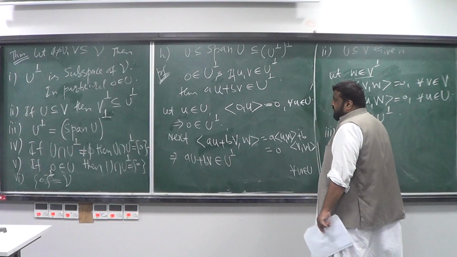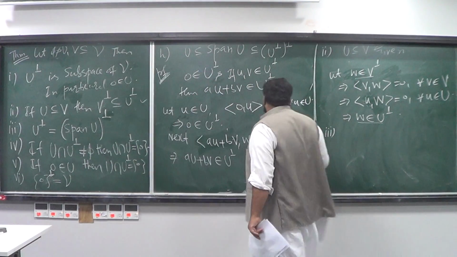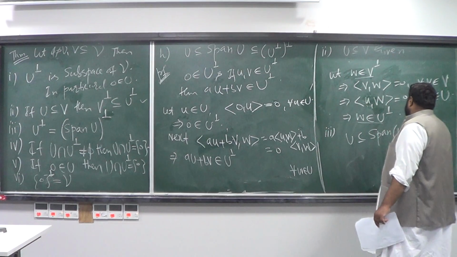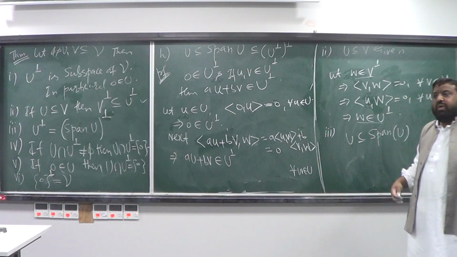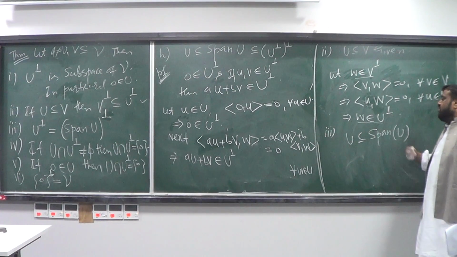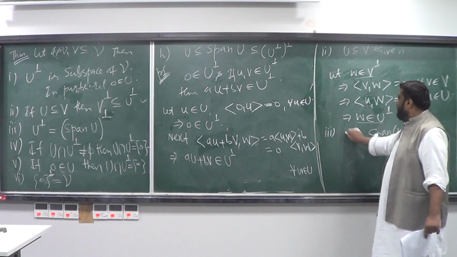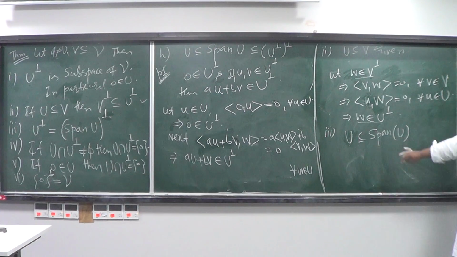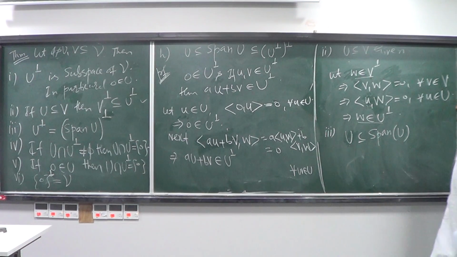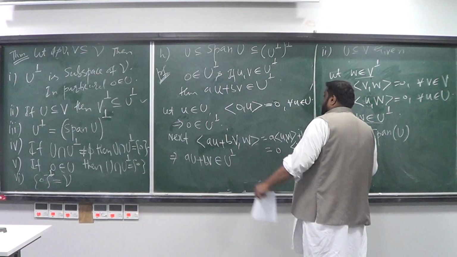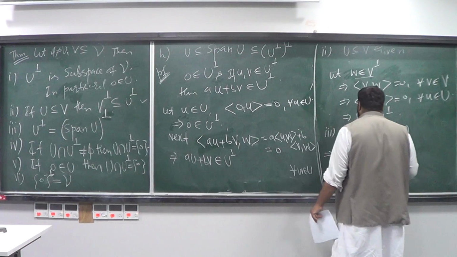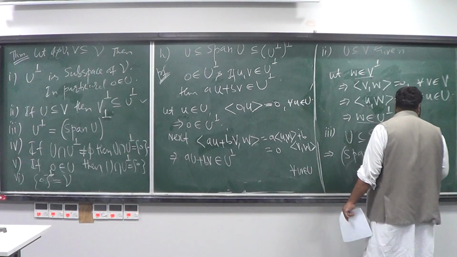Now, using this, I know that U is always present in the span of U. A span of U is a subspace that is the collection of all those vectors that you can make out of linear combinations of the elements of U. So U is always contained in the span of U. So if U is contained in the span of U, then by part 2, the perp of span of U is contained in U perp.